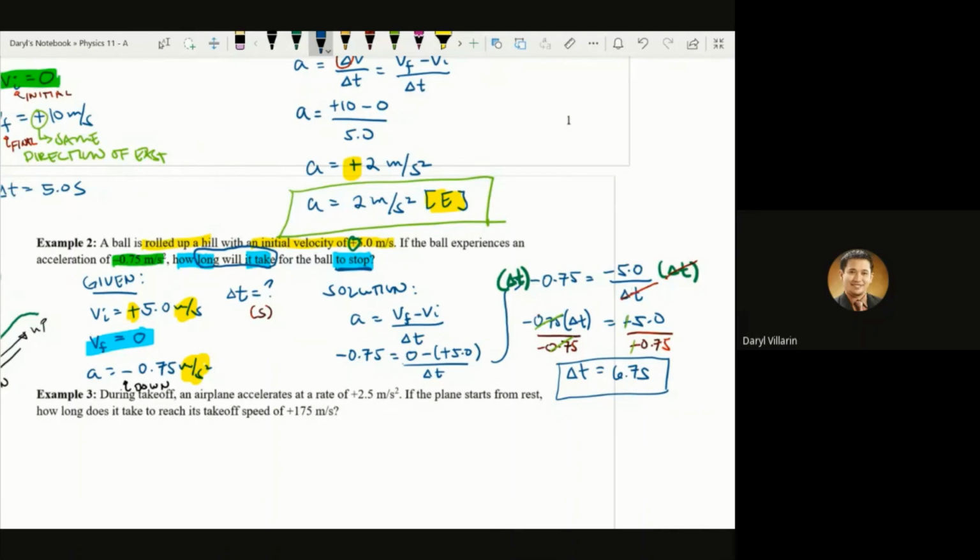Or you can do the other way, because if you solve this first before you substitute the values, you can just have delta t equal to vf minus vi all over a, and you should get the same answer. If you're comfortable solving for the variable first and then substituting the things that you have, that's fine.